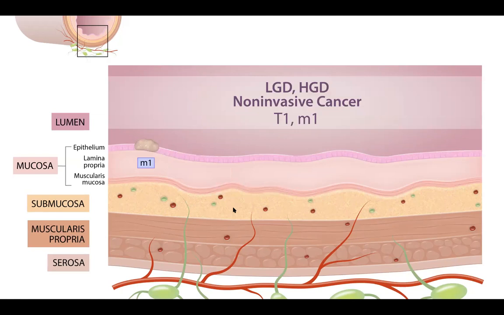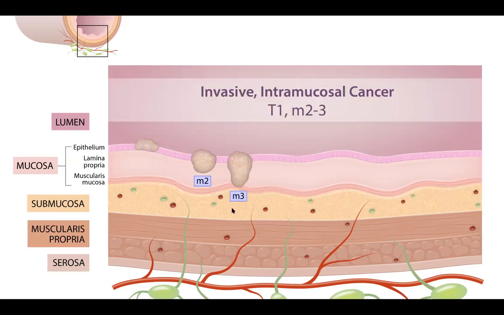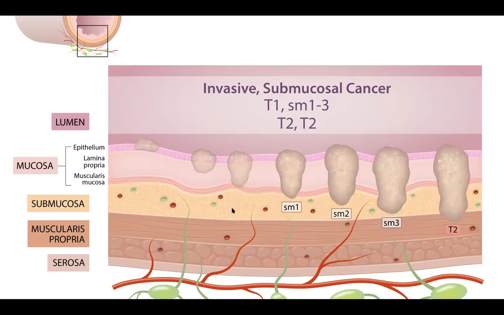So I want to help people understand dysplasia to cancer. Dysplasia, low grade or high grade, is limited to the epithelium. And when it goes into the lamina propria and touches the muscularis mucosa, that is intramucosal cancer.